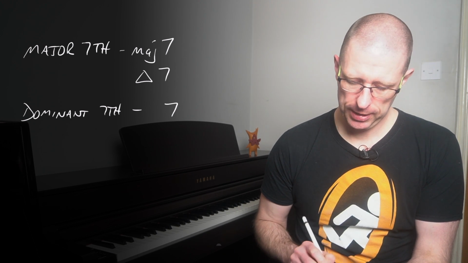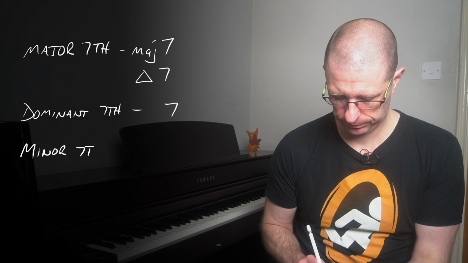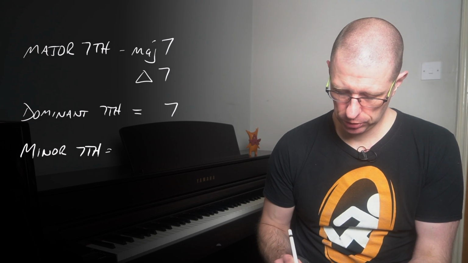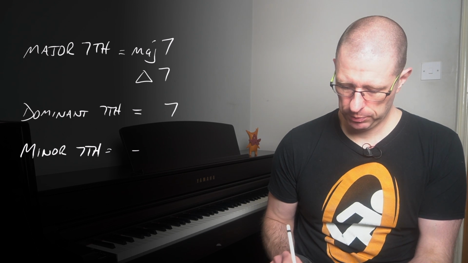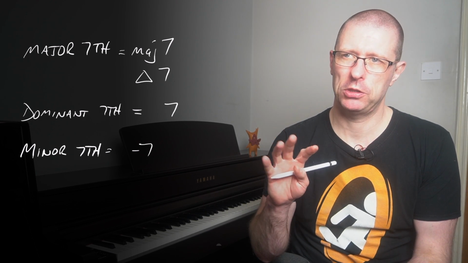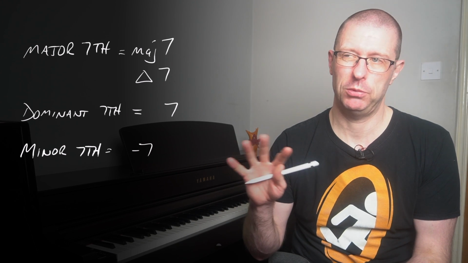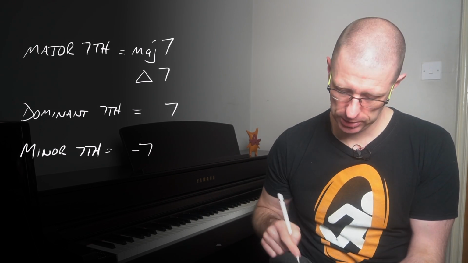And then if we move on, we have the minor seventh. I'm going to change these to equals actually. Normally what you would see there would be a minus and a 7, because if you see a minor chord in shorthand, if it was C minor, for example, you would see C minus, or if it was A minor, you would see A minus, or you could just have a small m, but minus is useful for that as well.